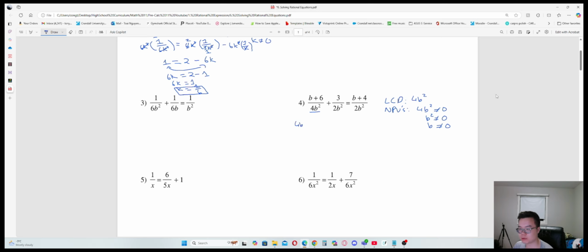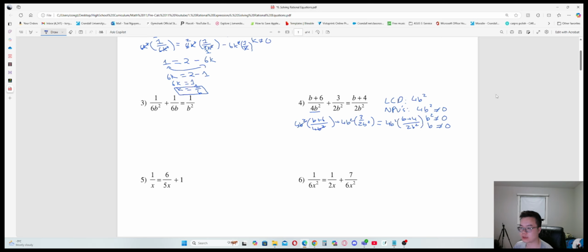I'm just going to multiply each term here. So 4b squared multiplied by b plus 6 over 4b squared, plus 4b squared multiplied by 3 over 2b squared, equals 4b squared times b plus 4 over 2b squared.